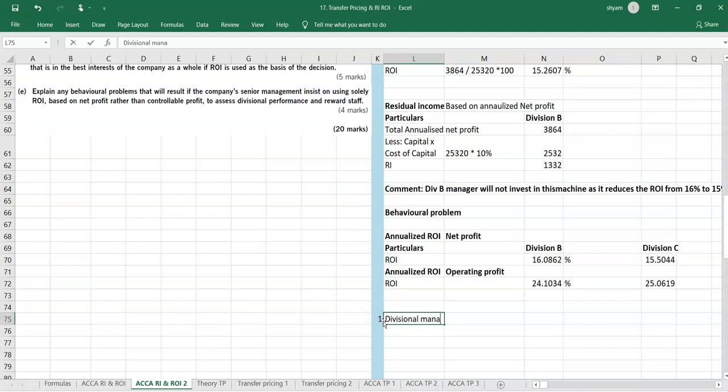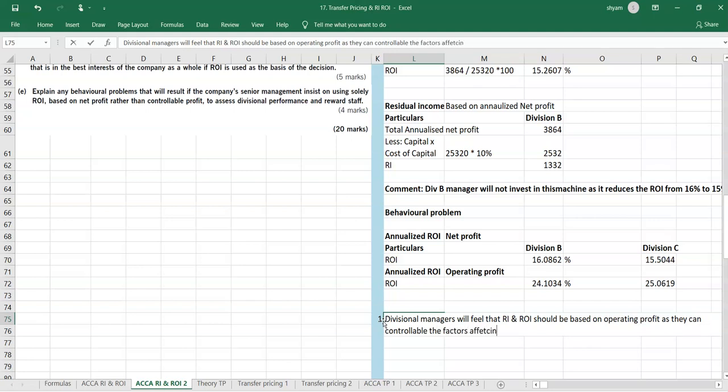Divisional managers will feel that RI and ROI should be based on operating profit as they can control the factors affecting the operating profit.